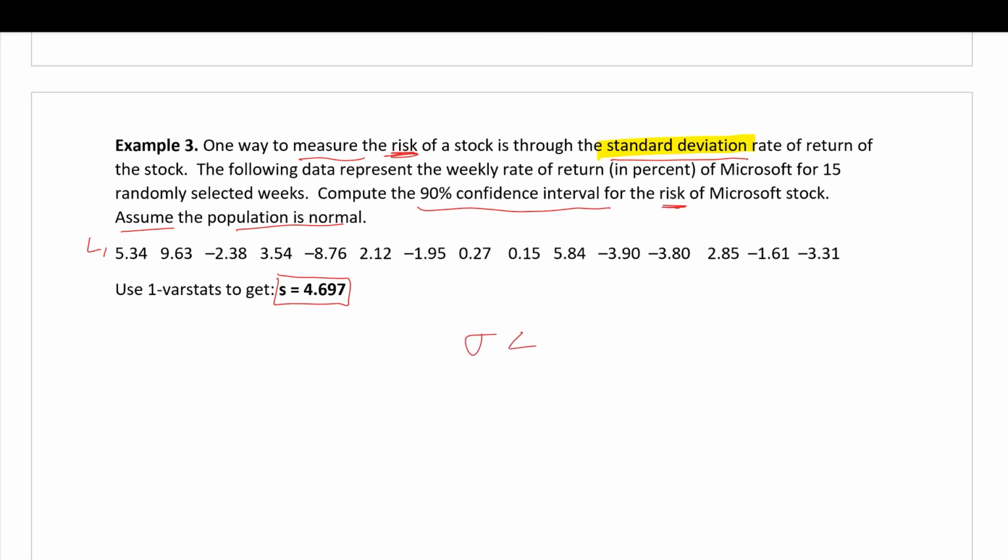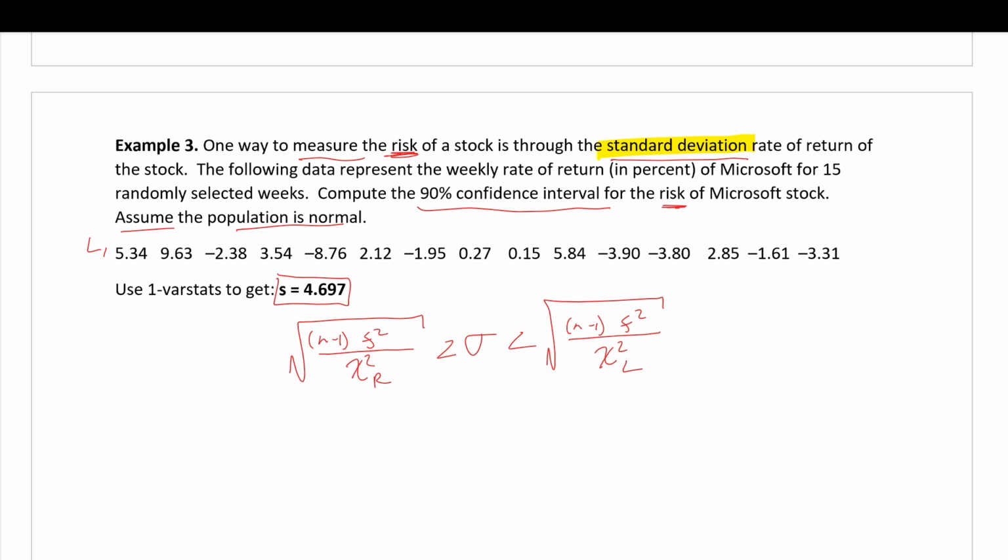We have the standard deviation is bounded between the square root of n minus 1 s squared over chi squared right. And on the right hand side we have the same thing, n minus 1 s squared, but instead of chi squared right we have chi squared left.